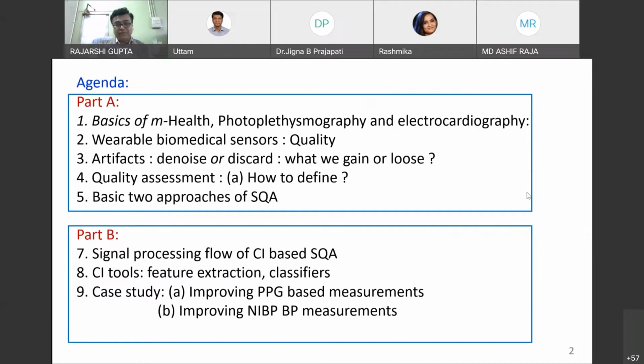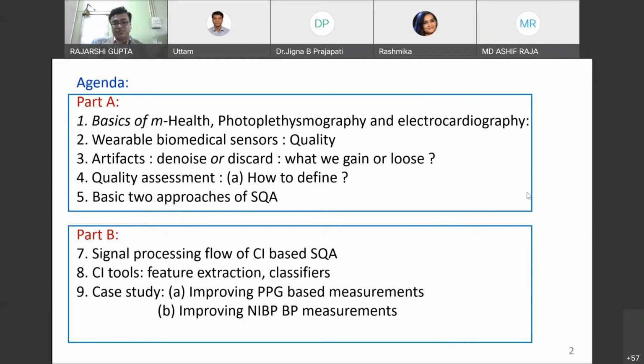One is the PPG signal, which is called photoplethysmograph or photoelectric plethysmograph, and another is electrocardiography or ECG. I think ECG is more or less common to all, because many of us are conversant with what ECG can provide. Then I will be discussing wearable biomedical sensors and the issue of quality.